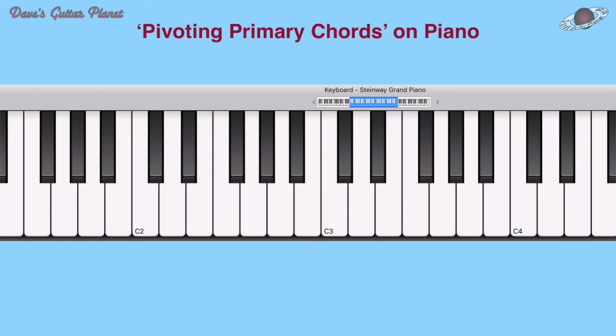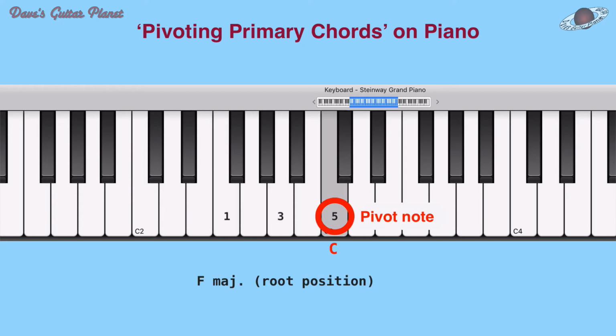Now if we put the third of the C on the bottom, a first inversion C chord, now we can go to this F chord with the root on the bottom, 1, 3, 5 in F, as the closest chord. And now it's this C note here we're pivoting on.